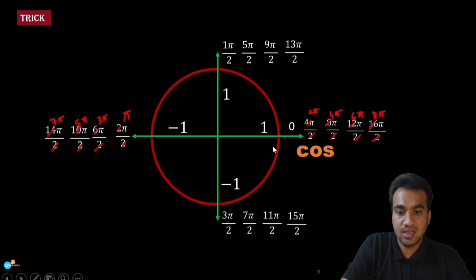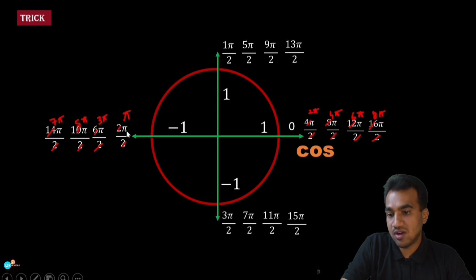Cos 2 pi is 1, and cos 4 pi is also 1, and cos 6 pi is also 1, and cos 8 pi is also 1. But sine 2 pi is 0, sine 4 pi is 0, sine 6 pi is 0, sine 8 pi is 0. So there are no horizontal values for the sine, but cos has the value.